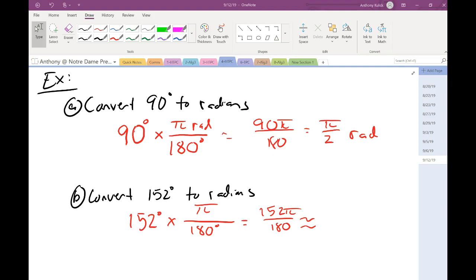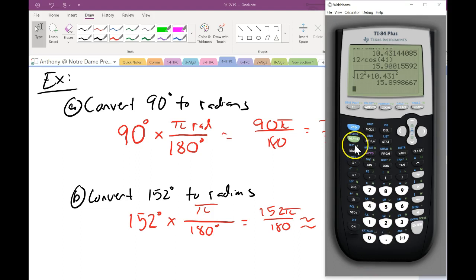So if I were to do that, I think the easiest way to do this is just use the fraction command on my calculator. So if I press alpha and y equals, I can just type in 152 pi over 180.